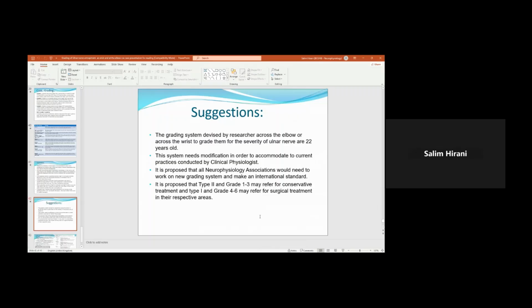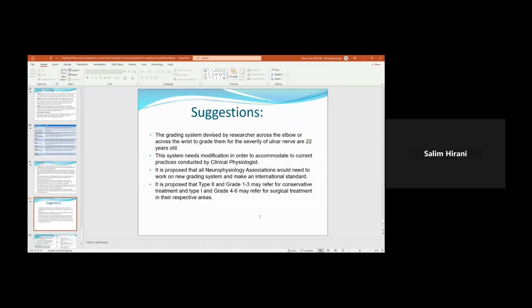The grading system devised by the research across elbow and across wrist. One more thing I want to tell you, that I didn't present because of the time constraint, is the double crush syndrome, the wrist and across elbow. But in my research, all of them are included according to the quantity of the patients as well.